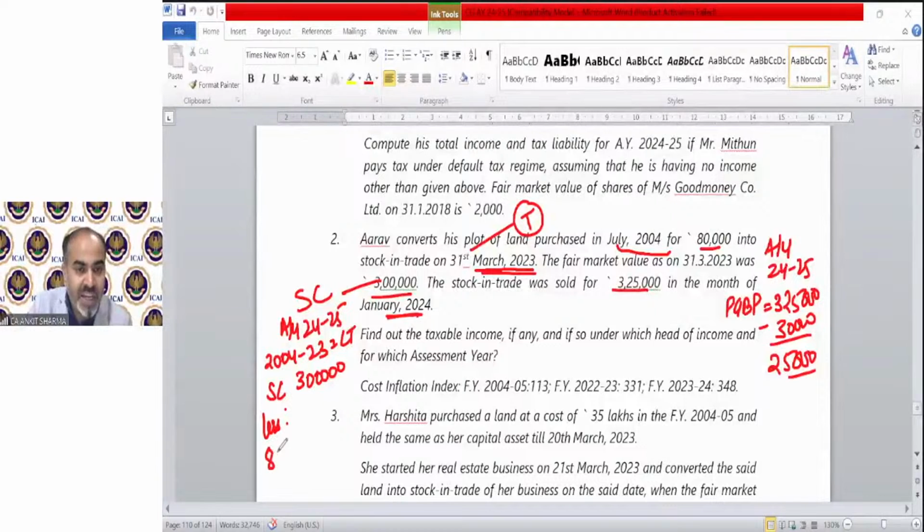The property has been purchased for 80,000 and index will be taken 331. Why 331? Because 22-23 is the conversion year, so that will be taken as the transfer year. And 113 is the purchase year index. So that will be 2,43,336. Balance will be your answer 56,664.